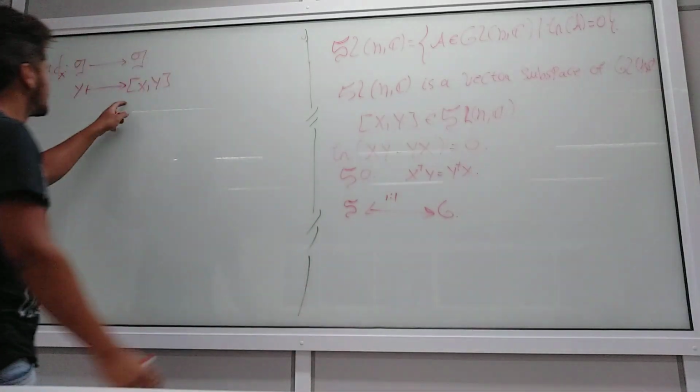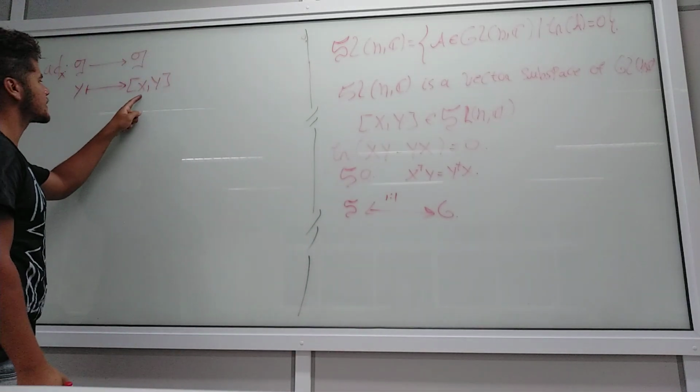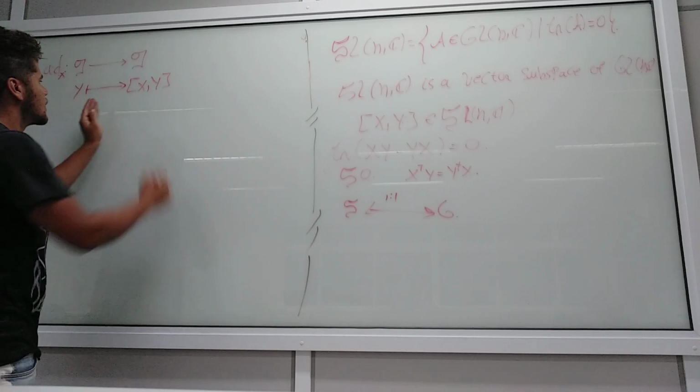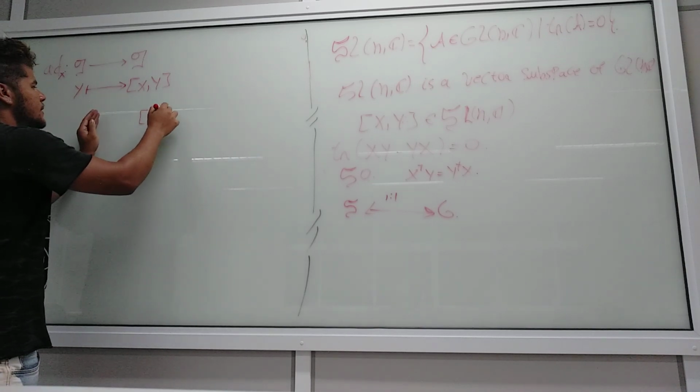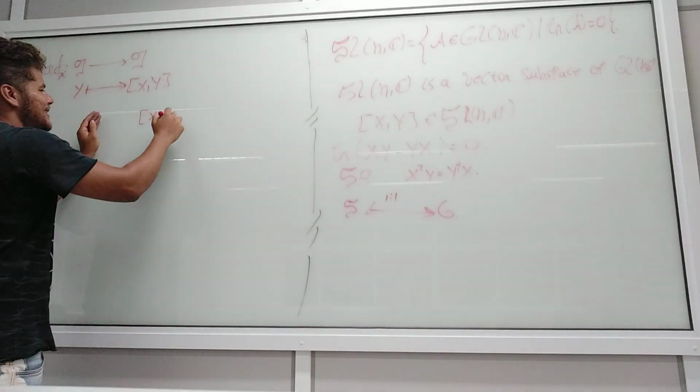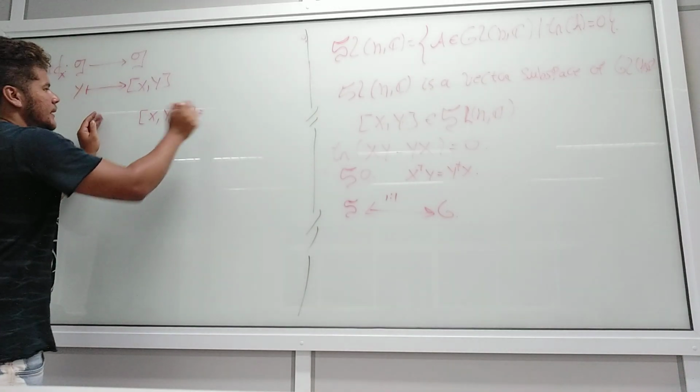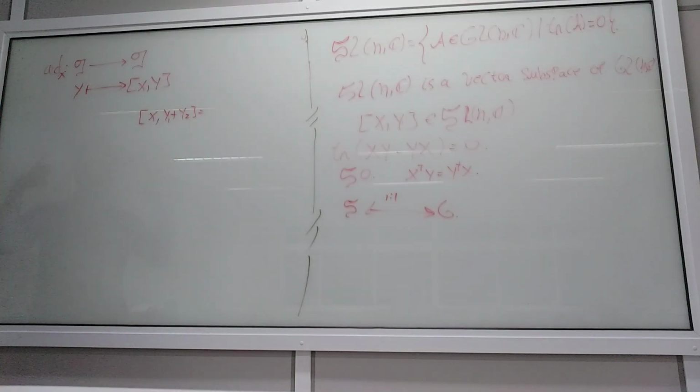So if you fix X in this coordinate, the linearity is induced by the bilinearity of the Lie bracket.